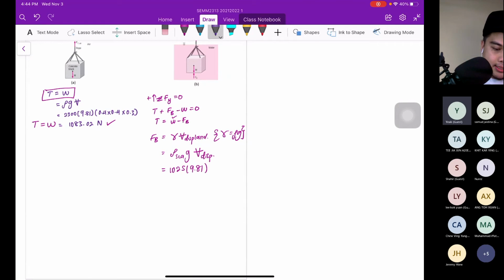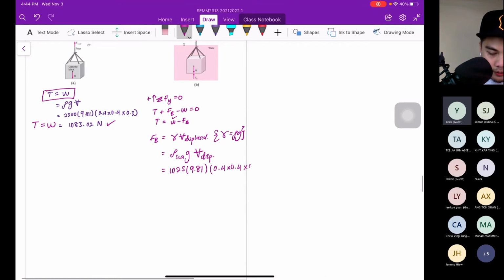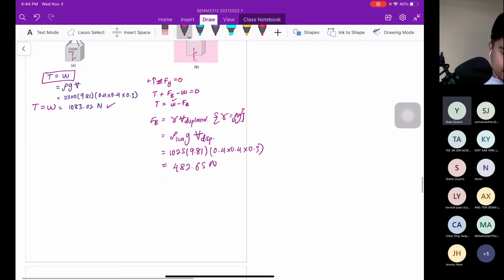Alright. What's the volume of fully immersed? The same thing, 0.4, 0.4, and 0.3. Okay, we calculate the buoyancy. We discover it is 482.65 Newton.